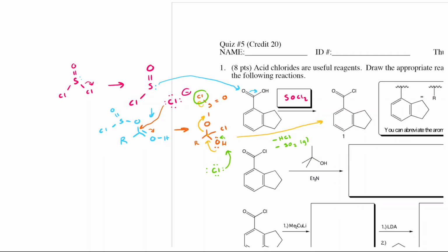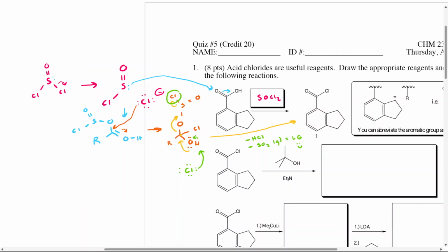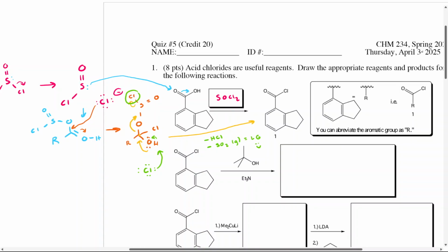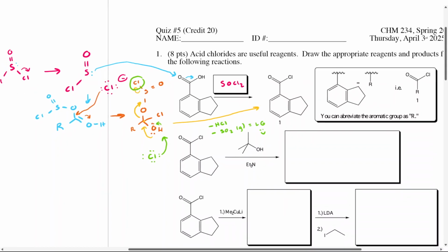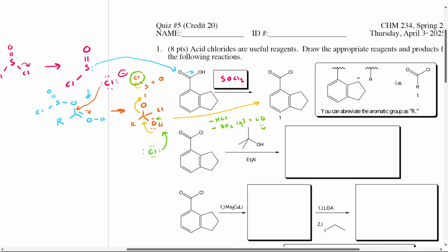We have a gas, so this is a good leaving group. And then we end up with our final molecule here. Yeah, so that's how you do the first one.